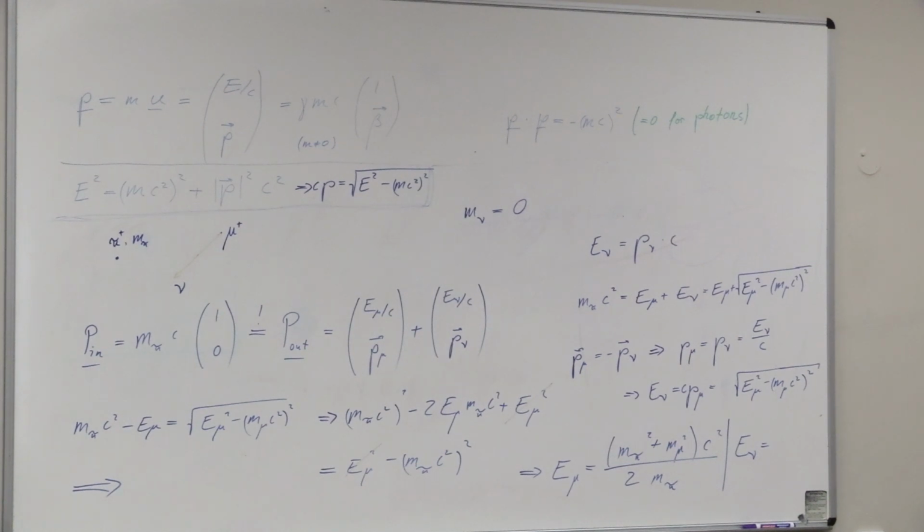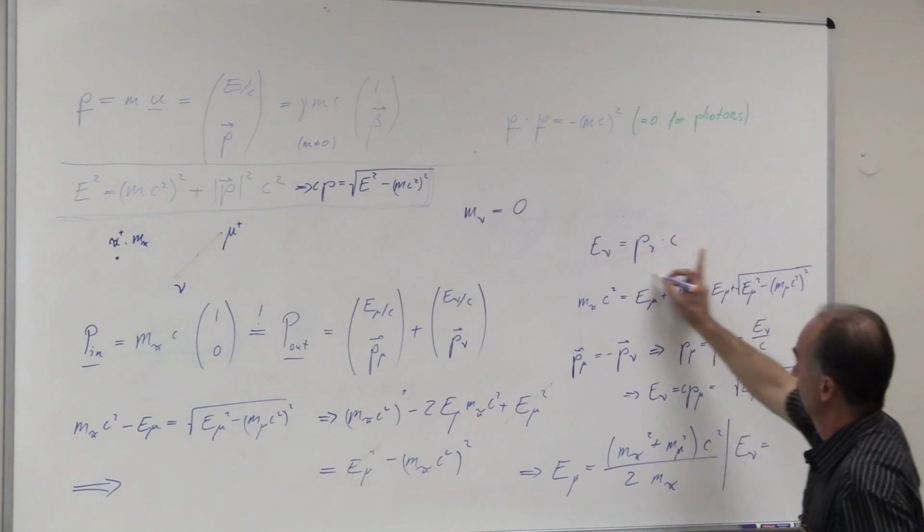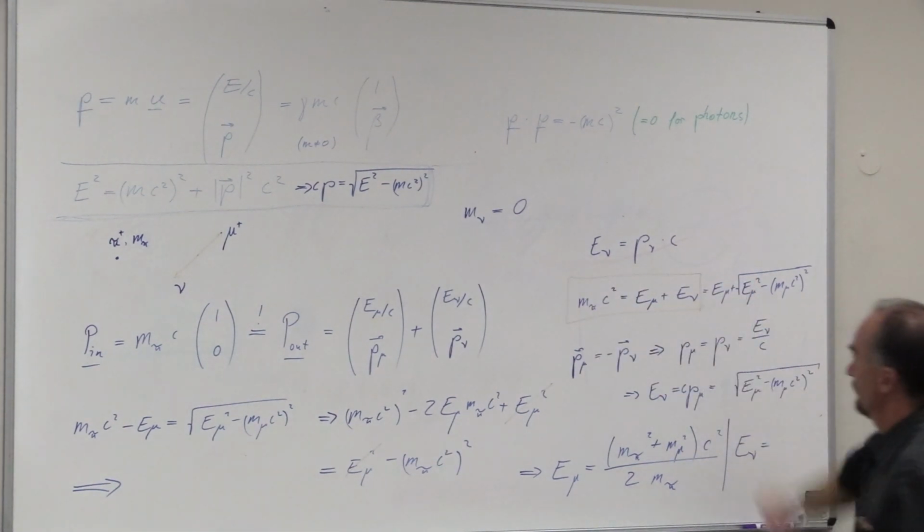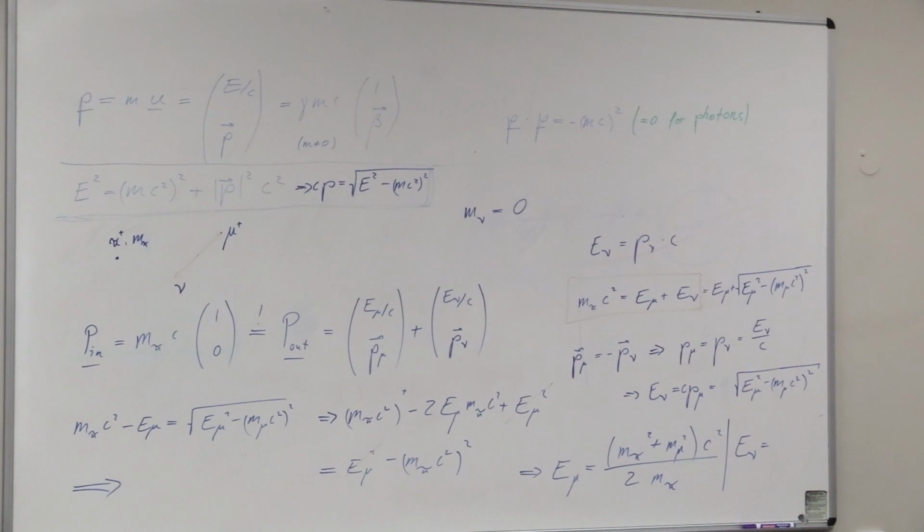We don't know the momentum either, right? But we know what the total energy is, right? The total energy is the pi rest mass energy. So we can simply use that to calculate the neutrino energy: m pi c squared minus E mu.